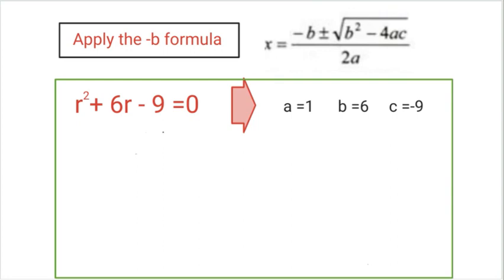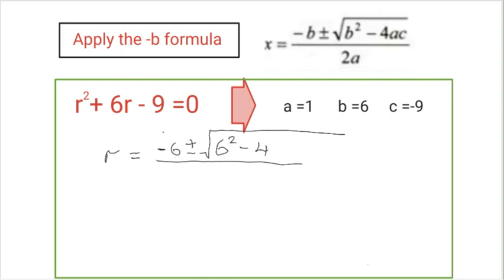So let's put that all together. So we can say r is equal to, up on the numerator we have minus b, so we have minus 6 plus or minus the square root of b squared, which is 6 squared, minus 4 by a, which is 1, by c, you've guessed it, negative 9, all over 2.